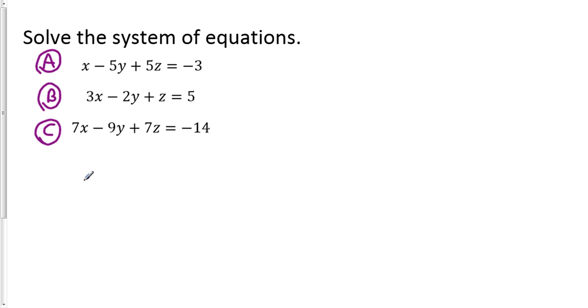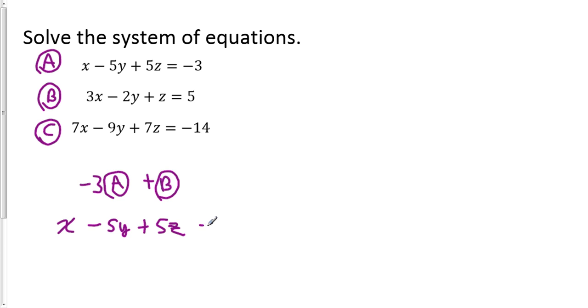So the first thing I'm going to do is negative 3 times equation A plus equation B. Let's see. So equation A will stay the same. Negative 5y plus 5z equals negative 3. And when I multiply negative 3 by x, I get negative 3x plus 3x is 0. When I multiply negative 3 by negative 5y, I get 15y, and minus 2y would be 13y.